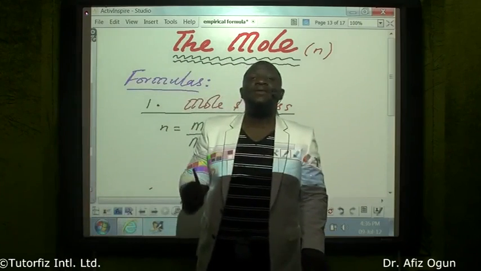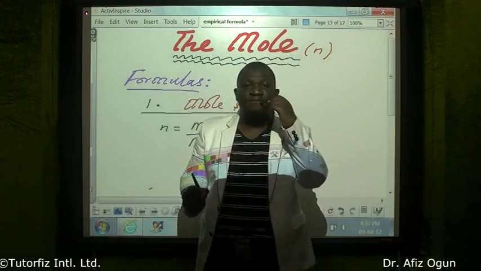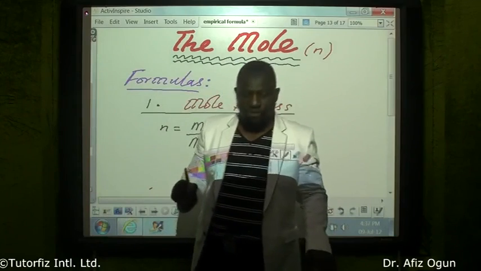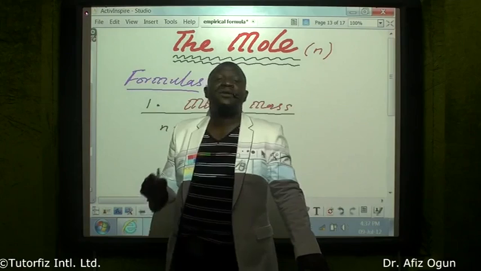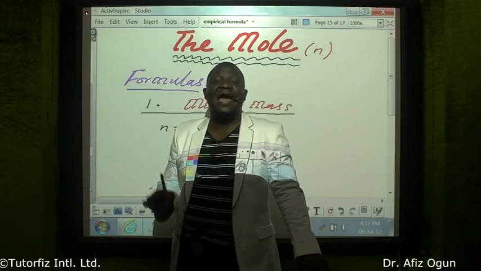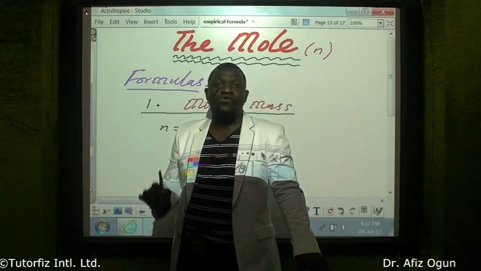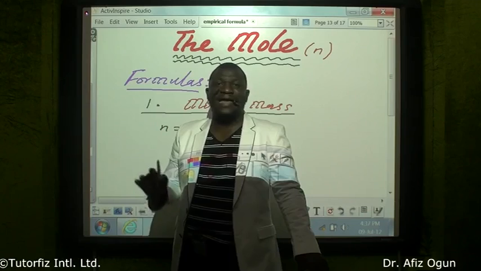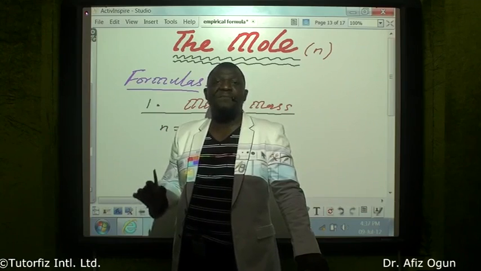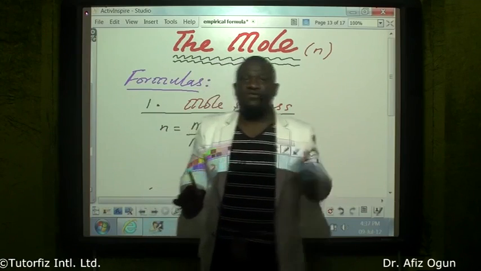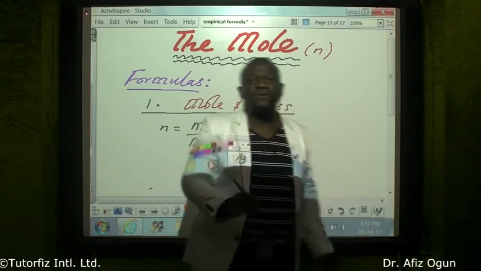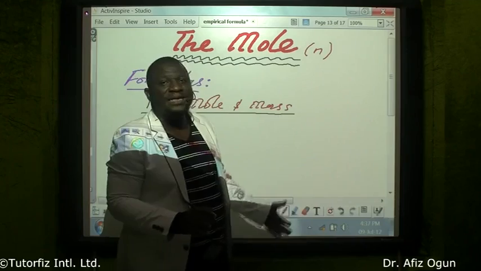You remember when I was teaching empirical formula, I only looked at the atoms. I did not look at the mole. I looked at the atoms because it is the simplest ratio we are looking at. So now we are looking at mole.